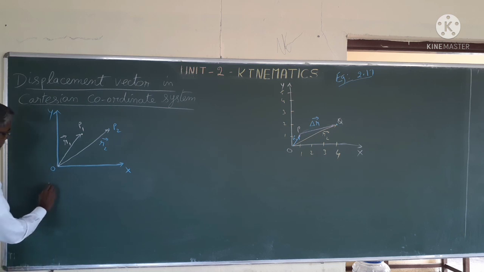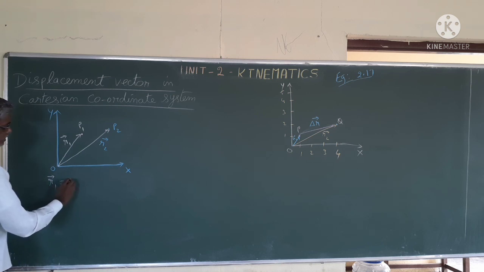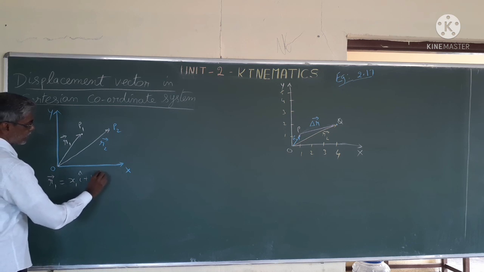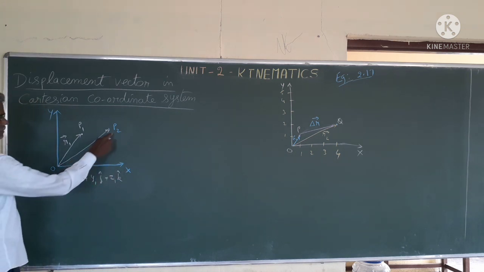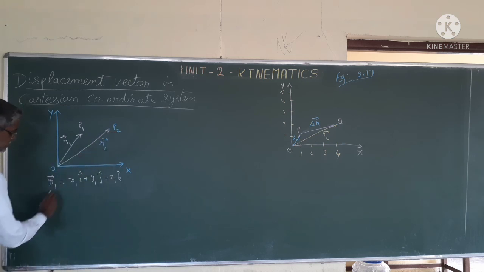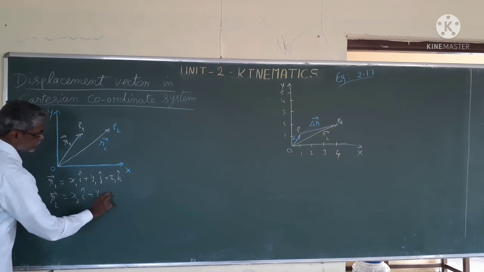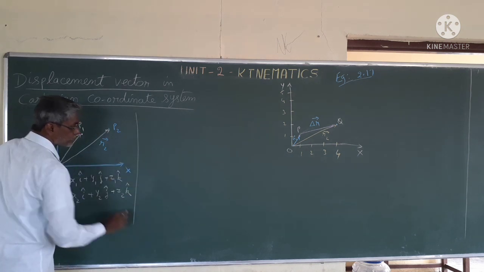So I can write the position vector of P1, R1 vector, equals x1 i plus y1 j plus z1 k cap. Like that, the position vector of P2, R2 vector, is x2 i plus y2 j plus z2 k vector.